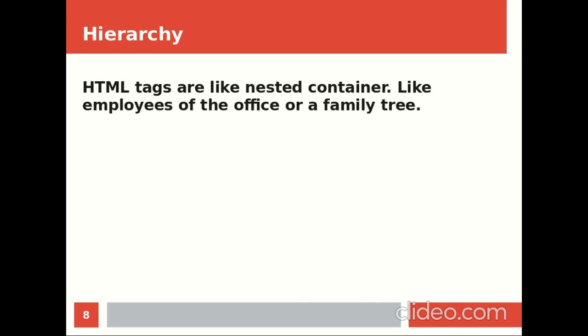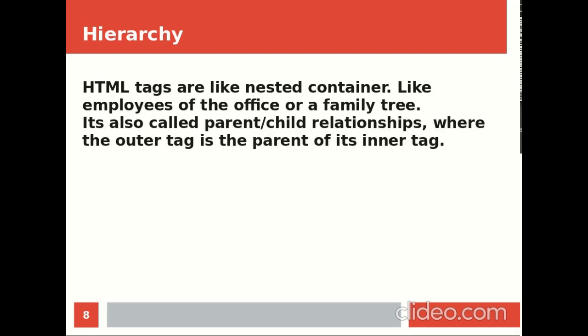Like in every family you have grandparents, then grandparents have their children, which are parents, then again they have their children. You can understand it like this. I'll explain with an example. It is also called parent-child relationships, where the outer tag is the parent of its inner tag.